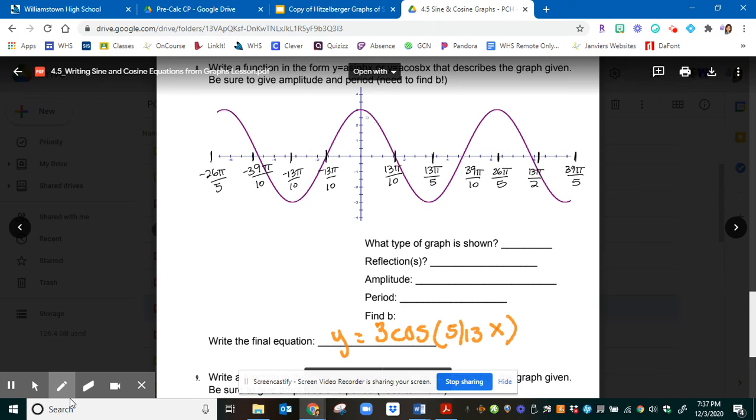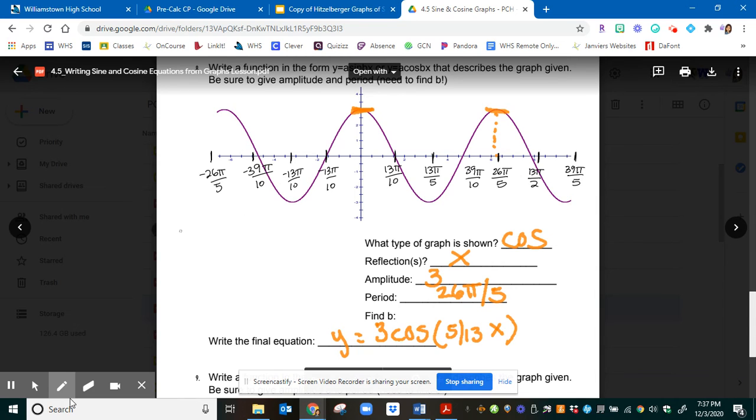Once again, this starts up here at 3, so this is a cosine curve. No reflections. The amplitude is 3. The period, okay, start at the top. It's a y max, so go all the way to the next y max, which happens at 26 pi over 5.